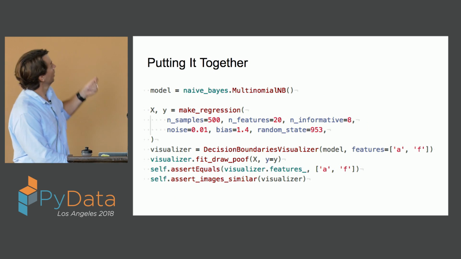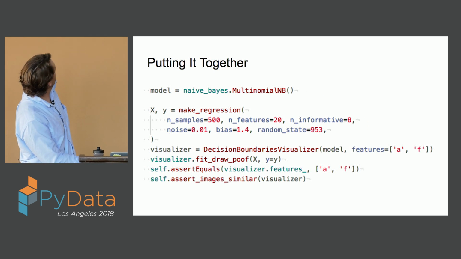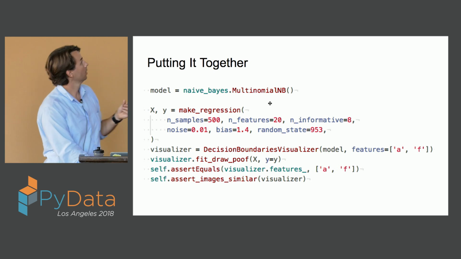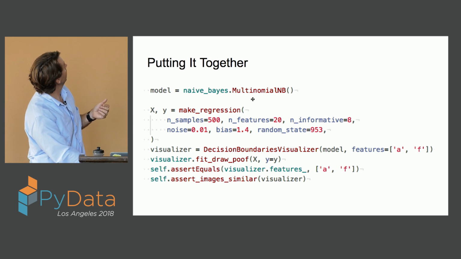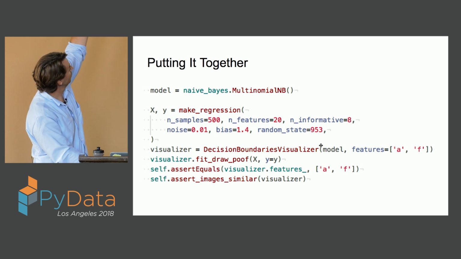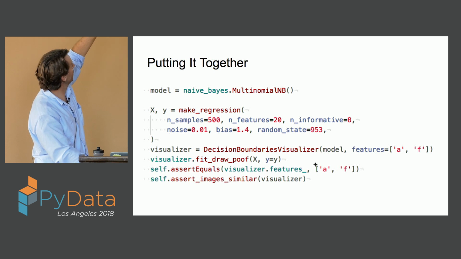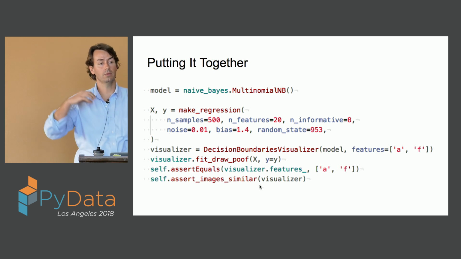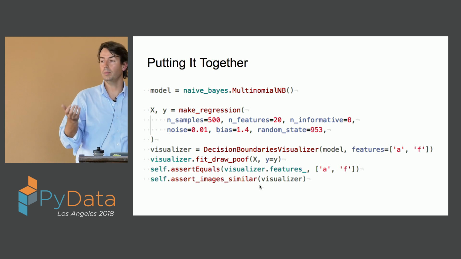So putting it together, now, when we write a test, very similar to the pattern we followed before, we instantiate the model, we create our test data, we pass it in to our model, we call our method, we do other testing of the features, we didn't talk about that, making sure other attributes and properties are there, and then we do an image similarity test to make sure what was drawn versus the baseline is stable and it exists.